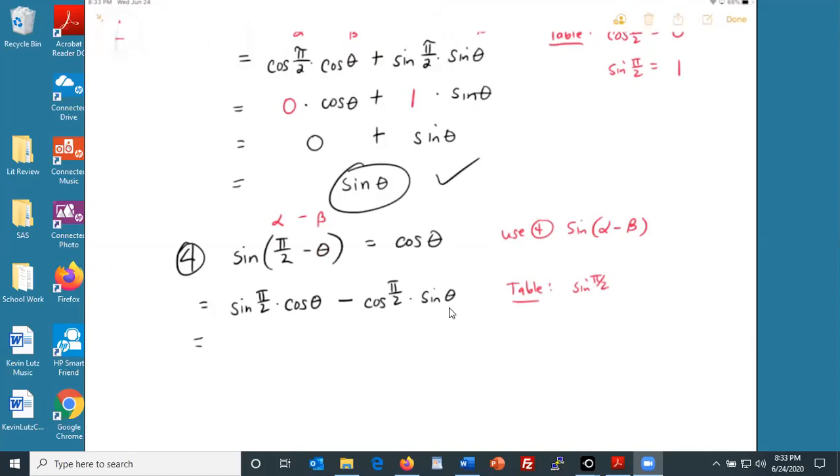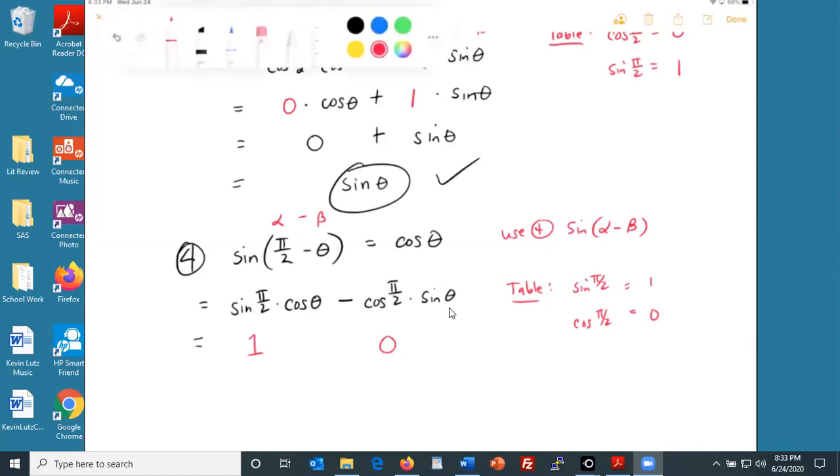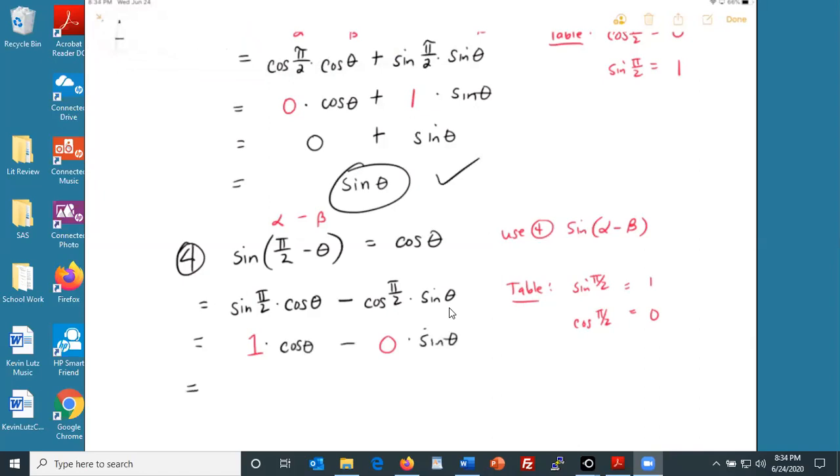We got those already from above, so that's all right. So we make those substitutions. So here we get 1, and here we get 0. And that 1 gets multiplied to the cosine, subtracting 0 times sine. All right, remember that's the cosine when you multiply by 1. 0 times sine is 0, so we get cosine.